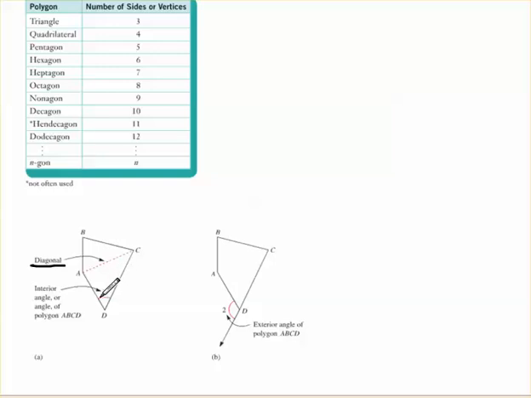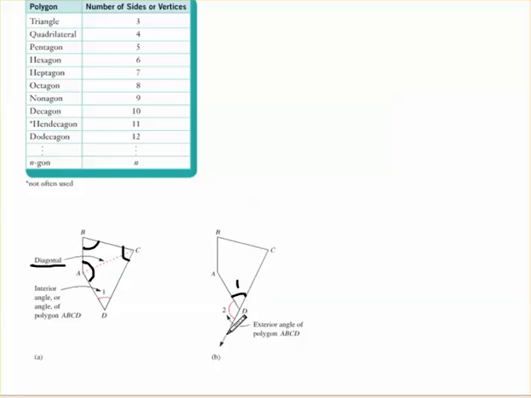Each one of these angles here, and I'll draw each one of these in, each one of these angles on the inside of the polygon is called an interior angle, or they could call it an angle of the polygon. Now, if you remember in our drawing, number 1 here was this interior angle.